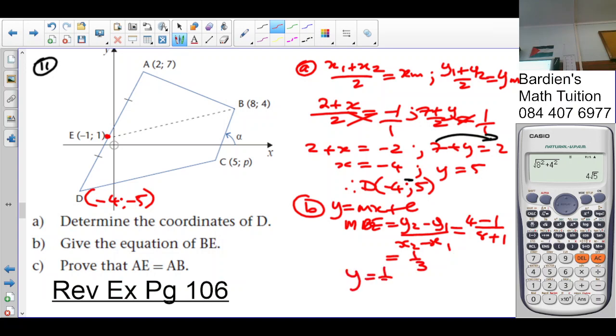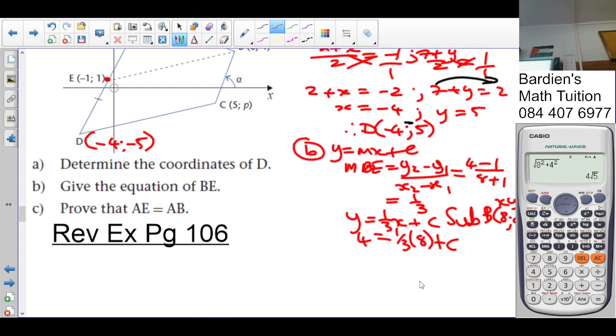So y is equal to a third x plus c. We will substitute the point on this line, which is B, 8 and 4. That's the x and the y. So that's going to be 4 is equal to a third times 8 plus c. So that will be 12 minus 8. 12 minus 8 is 4, so it's 4 over 3.